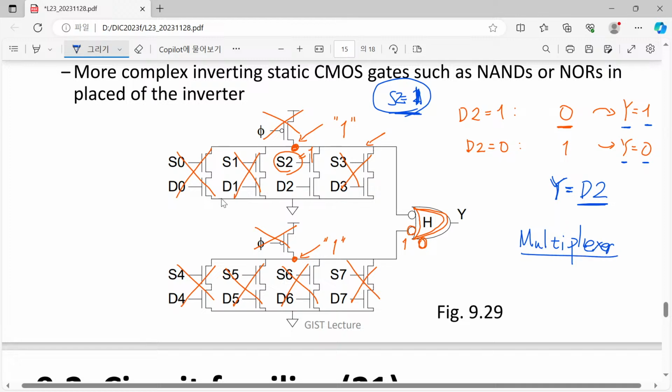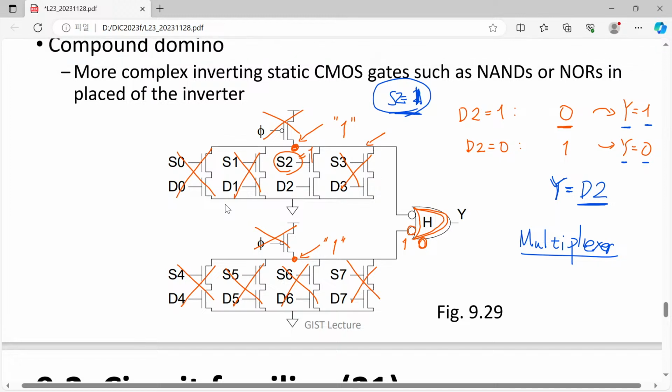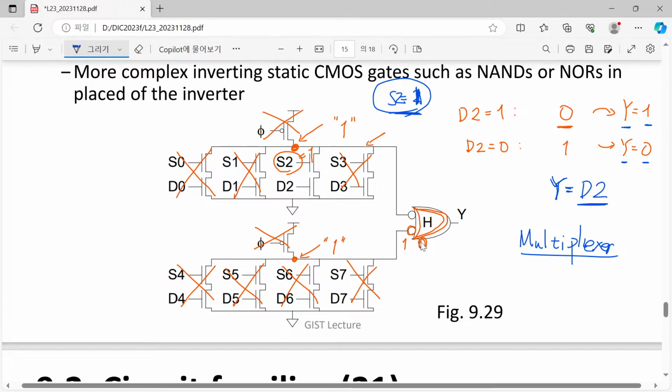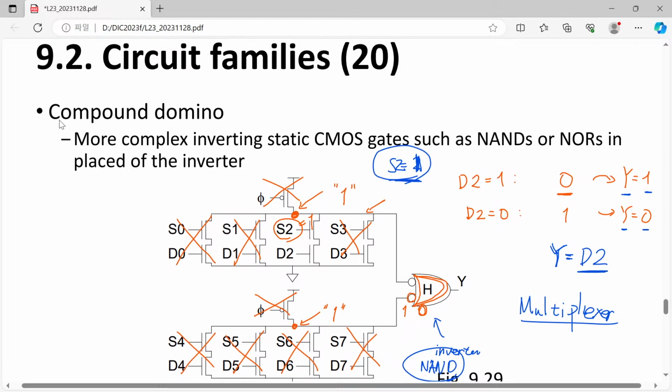So this is just an 8-input multiplexer implemented with dynamic circuit and an inverting stage, but this is not an inverter. What is this? This is a NOR gate. Oh, sorry about that, not NOR. This is a NAND gate. So this is not the original domino logic, but it is called compound domino logic.